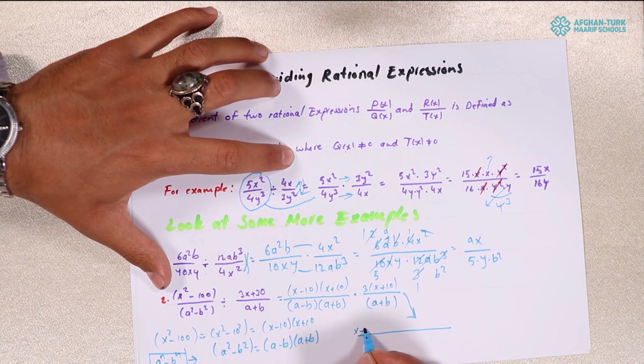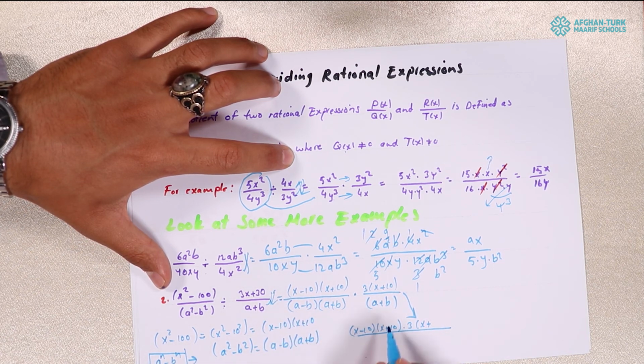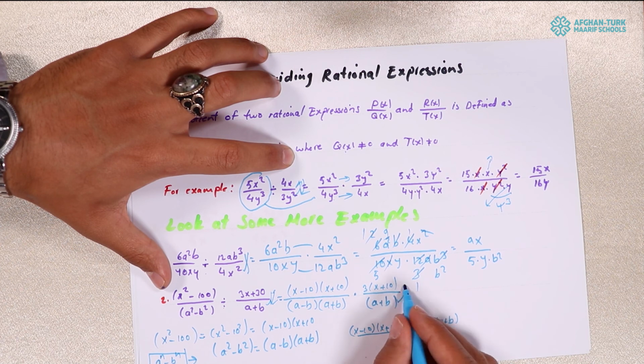It means x minus 10 times x plus 10 times 3 times x plus what? Sorry, we have to switch the positions. Am I right? Then we should write a plus b to the numerator, and 3 times x plus 10 should go to the denominator.